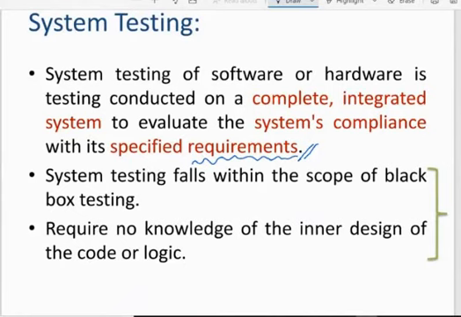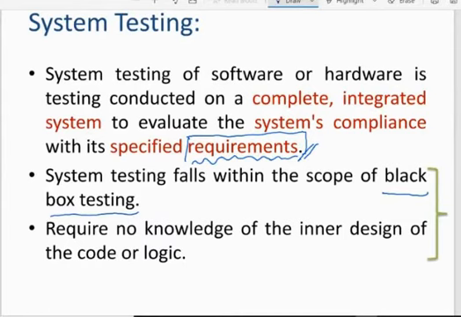So system testing falls within the scope of black box because I am looking into the requirements. The internals were already looked at carefully in white box testing. So system testing is definitely going to fall under the scope of black box testing.